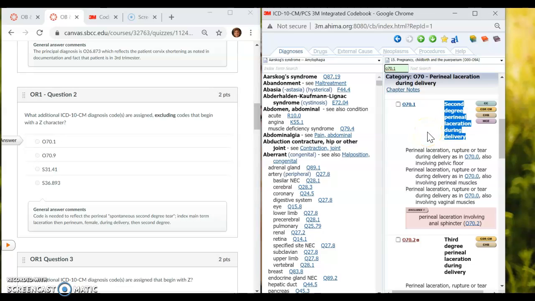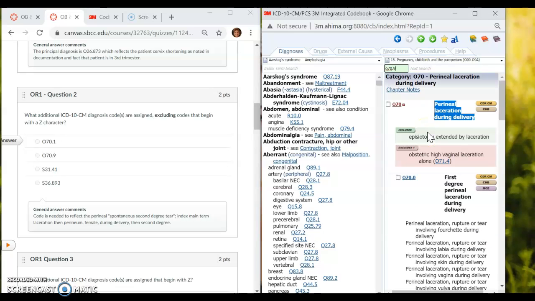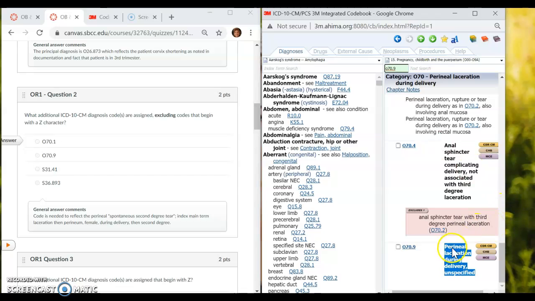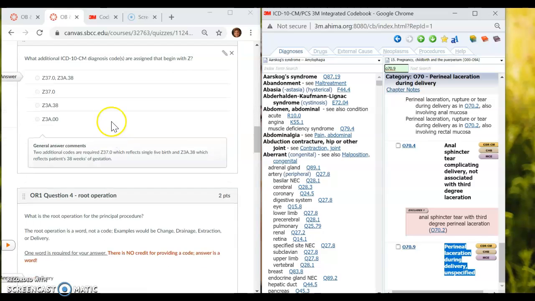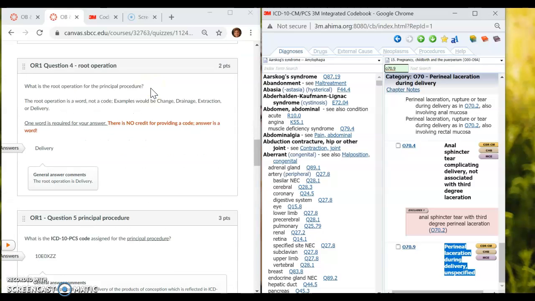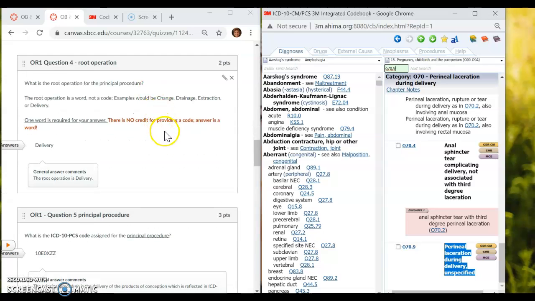If you put the O70.9, it's going to be unspecified perineal laceration, but we know it was second degree. That is why we have to go with the O70.1. Okay, so this one here is our outcome of delivery and how many weeks. Can't have one without the other. We need both.